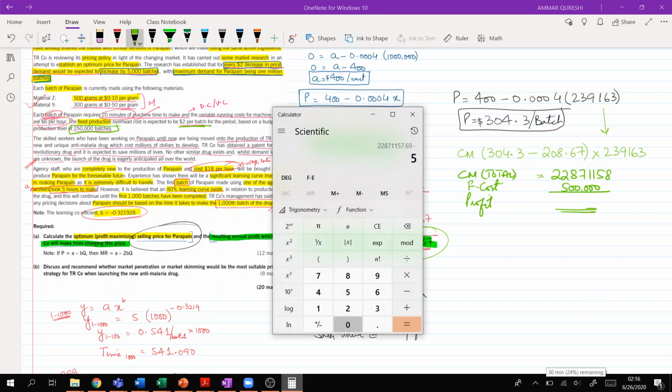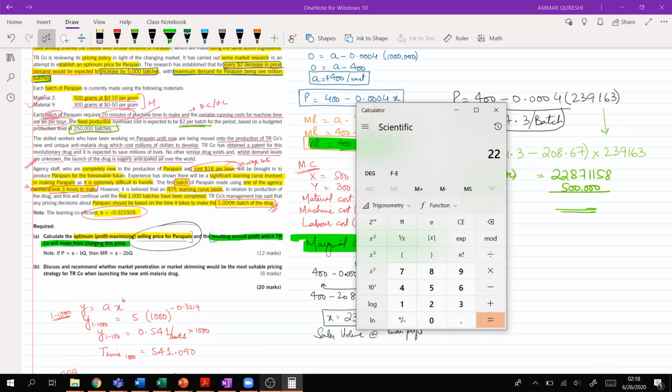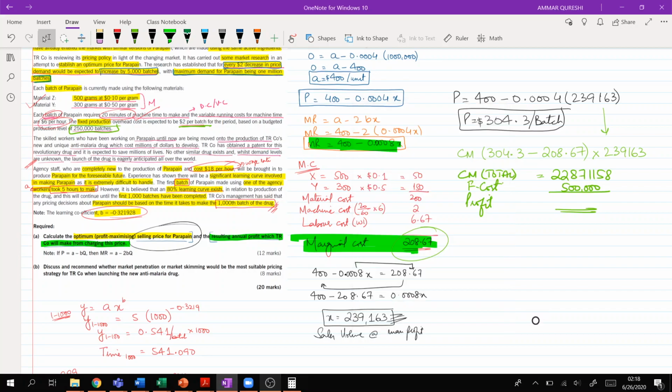So 871158 minus 500,000 is 22371, right? So this is the maximum profit which the company can generate.